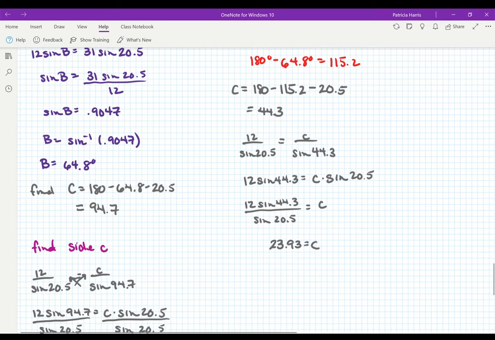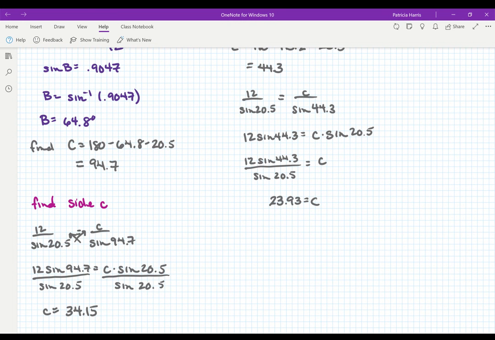Okay, so law of sines, even though it looks kind of like a simple, nice little formula, can be a little bit tricky sometimes. Okay, all right, thank you.